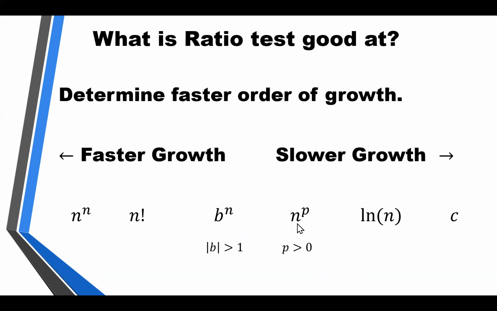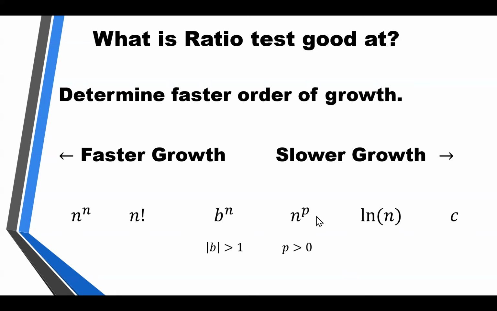That would be a decay. And then n to any power is going to be faster growth than the natural log of n. And then any constant is actually going to be no growth at all. And so natural log grows faster than standing still.